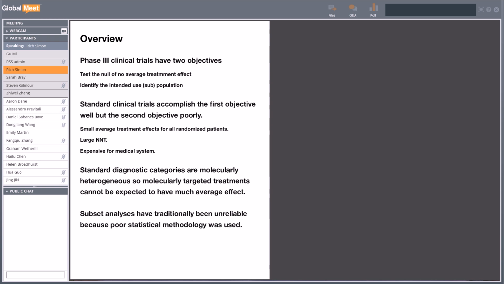In cases where there is an average treatment effect, we don't do much to try to identify an optimal intended use population.